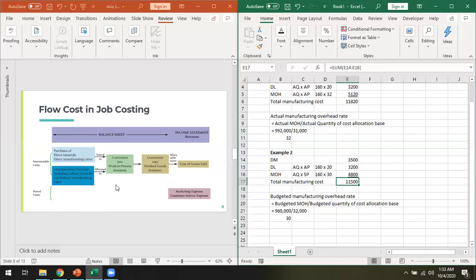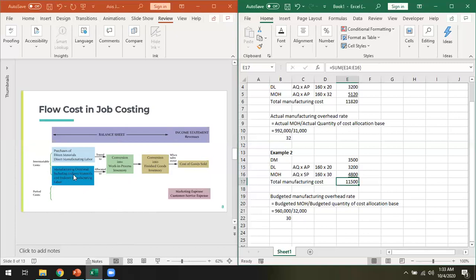So the journal will be debit work in process inventory and credit materials control. We'll get into that journal, how the journal entry should be. In our example, I will just give you a brief summary on how the cost flows in job costing.